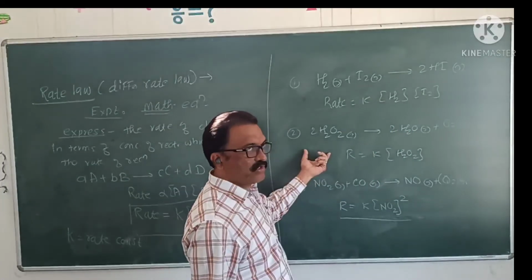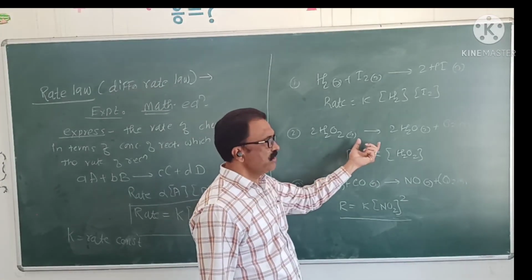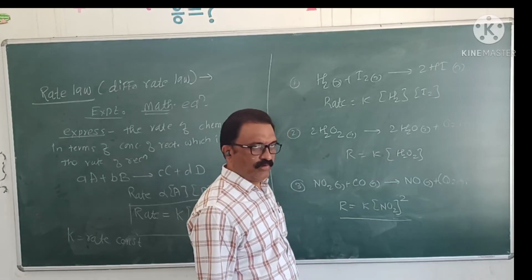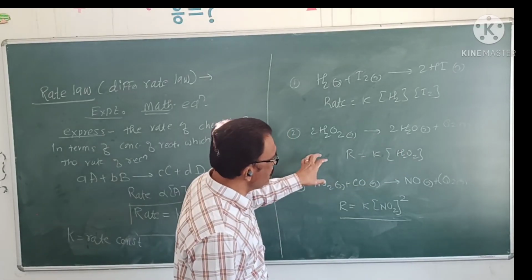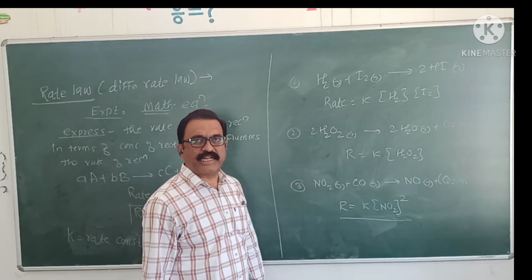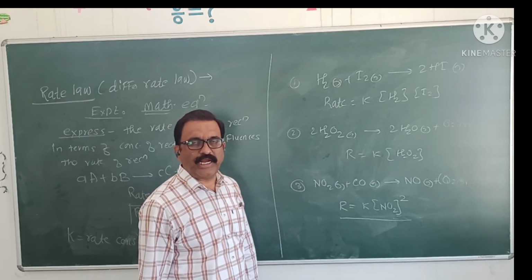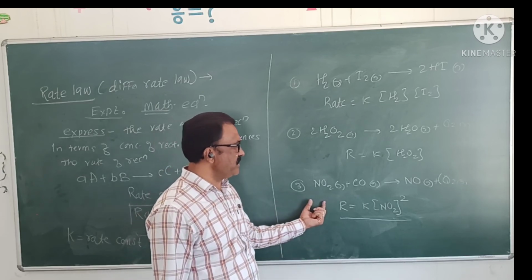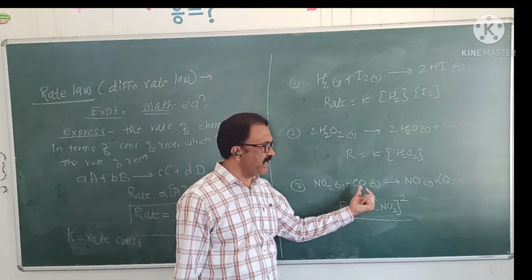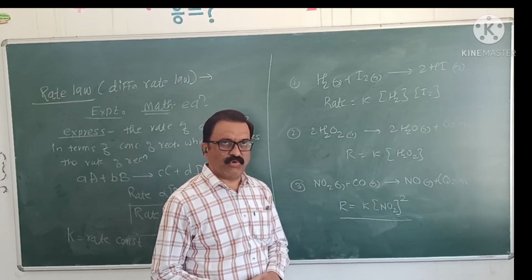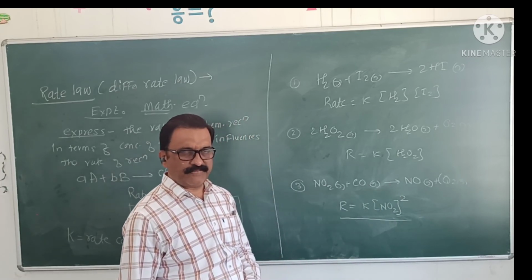Then the second reaction, 2H2O2 gives 2H2O water as well as oxygen molecule. The rate of this given reaction is equal to k into concentration of H2O2, hydrogen peroxide. In the third reaction, NO2 gas plus carbon monoxide gas gives nitric oxide NO gas plus CO2, carbon dioxide, in the gas state.